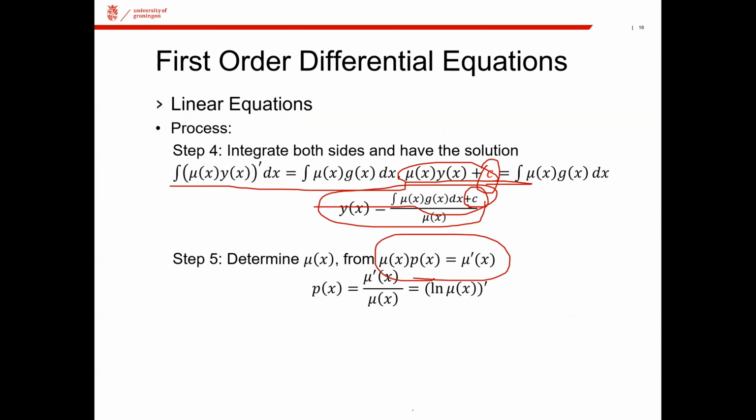And then we know that p equals the derivative of mu divided by mu. So it is the derivative of the ln of mu. And then we integrate both sides. So the right side will be just ln of mu x, and the left side will be the integration of p x.